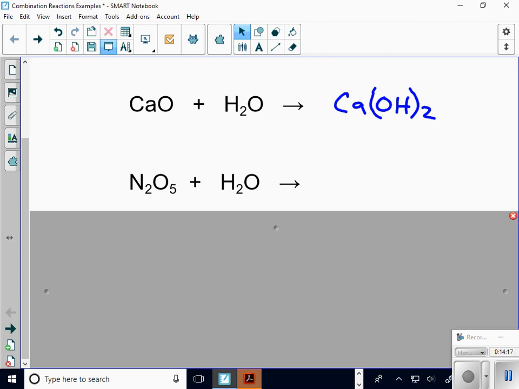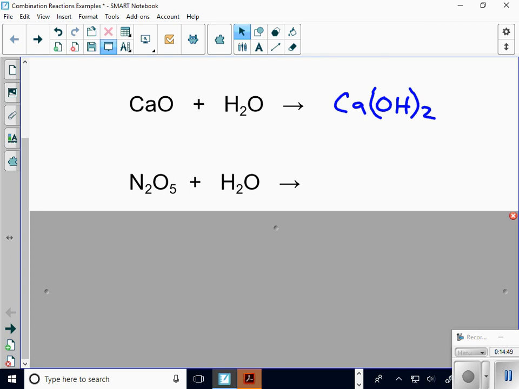An oxyacid is an acid that has oxygen and some other element, usually a nonmetal. So if you look at your PAL, your polyatomic ion list, anything that's a polyatomic ion that has oxygen and some other element has the potential to be an oxyacid.